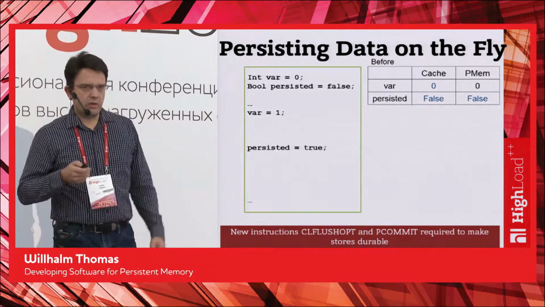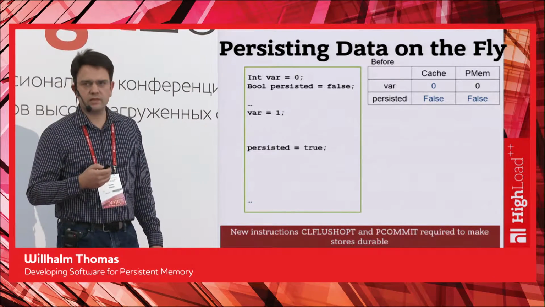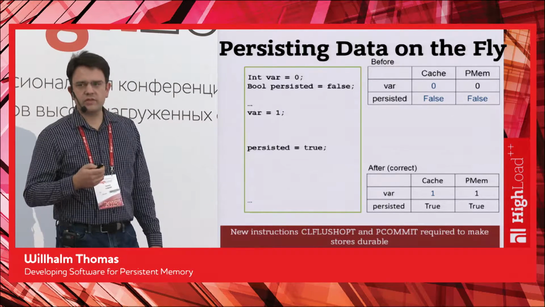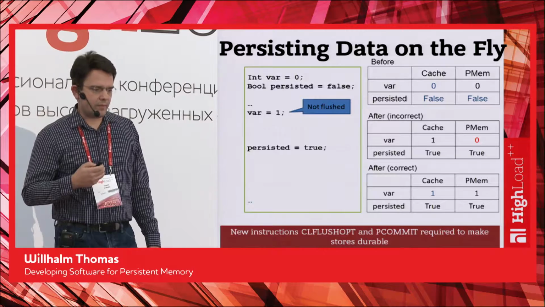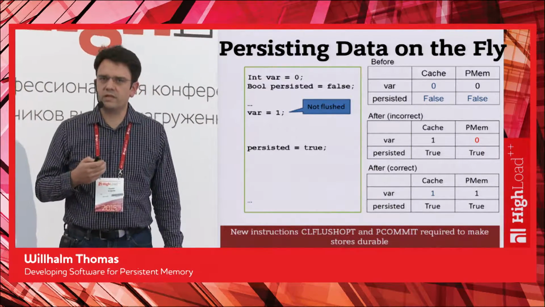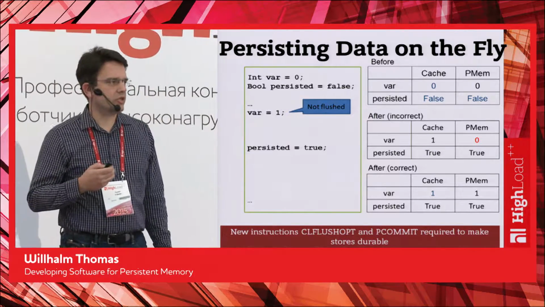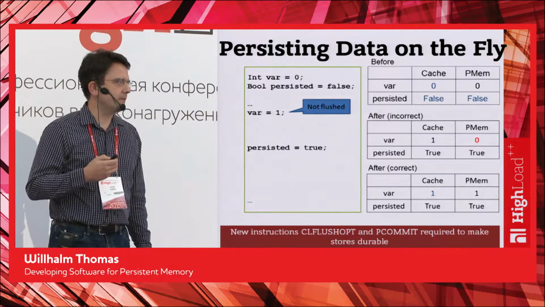OK, so before this code is executed, we have a 0 and a false in memory. And afterwards, we have a 1 and a true. What now might happen is that we have the 0 in memory because the 1 is still sitting in our cache and has not been flushed from the cache into our memory.